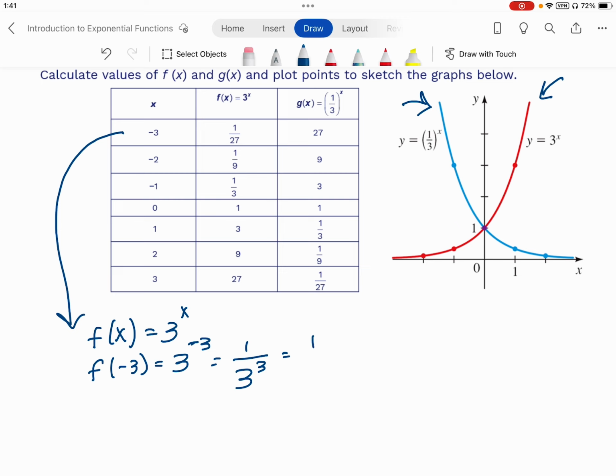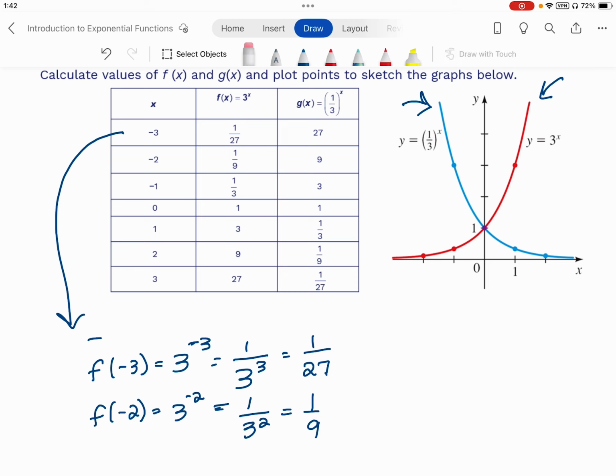And then 3 to the third is 27. And so that is how they're getting that 1/27 there. Similarly, if you had f of -2, that is going to be 3 to the -2, which is 1/3 to the +2, which will be 1/9.